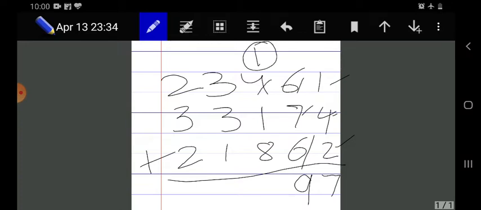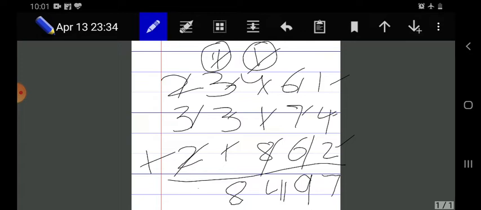Now 4 plus 1 is 5, 5 plus 8 is 13, 13 and 1 is 14. 4 is here and 1 will be taken forward. Next, 3 plus 3 is 6, plus 1 is 7, and plus 1 is 8. 2 plus 3 is 5, 5 plus 2 is 7. So the answer is 78,497. It is as simple as the other one.